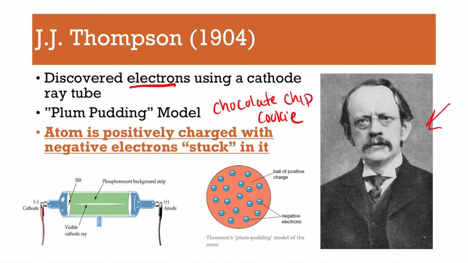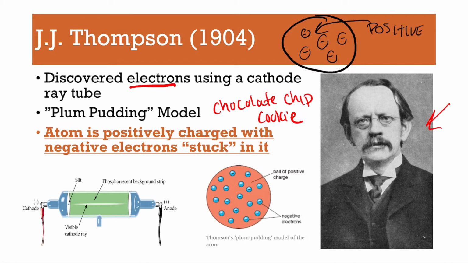So if you think about a chocolate chip cookie, you have your cookie. And what Thompson said, that cookie part is positive. But then you have these chocolate chips inside it that are kind of stuck. So the whole cookie itself is positive, but you have these negative electrons stuck sporadically in the cookie.